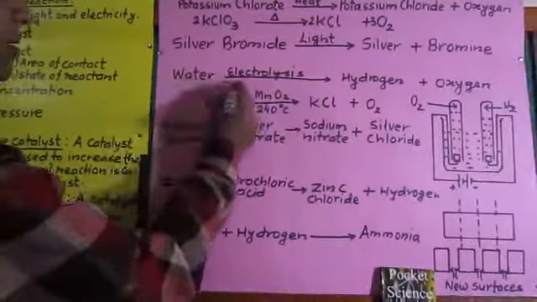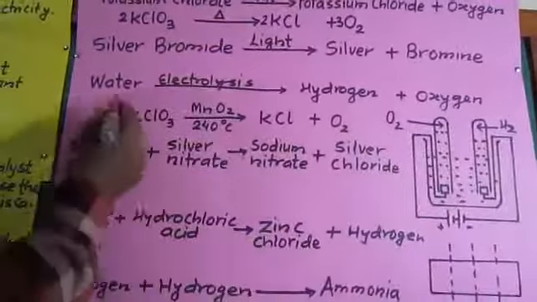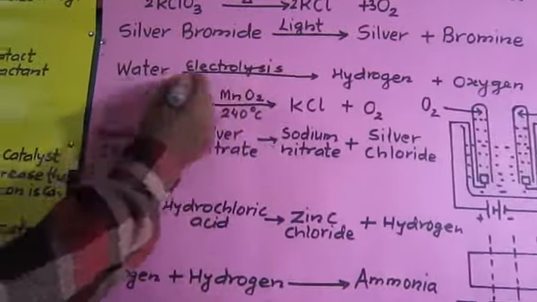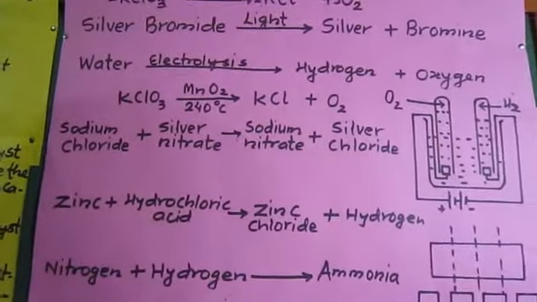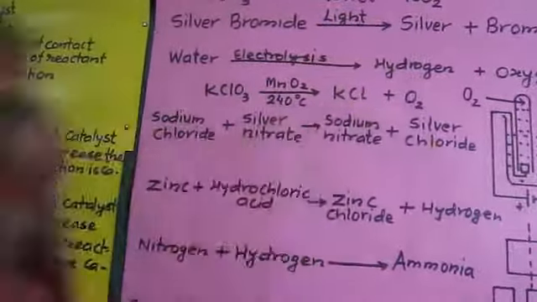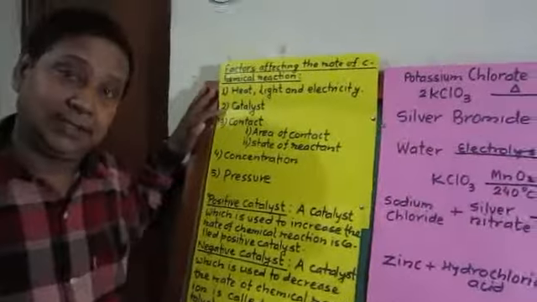And look at this, electricity, water, this process is called electrolysis. When water is supplied with current, it decomposes into hydrogen and oxygen gas. This way electrolysis occurs.